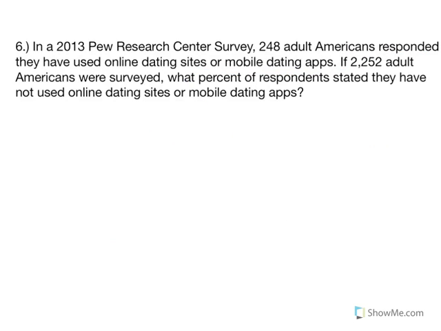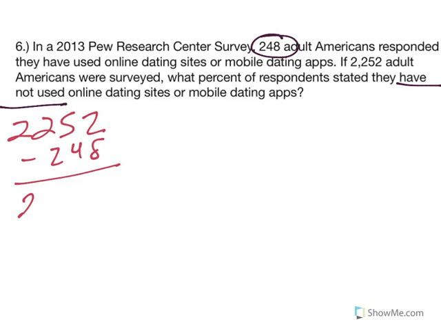Number 6, research study. 284 American adults responded that they have used an online dating or mobile app. If 2,252 adults were surveyed, what percent say they have not? Okay, this is how many people did. How many have not? So our first step would be to say, well, 2252 minus 248, that means 2,004 people have not used the dating site.